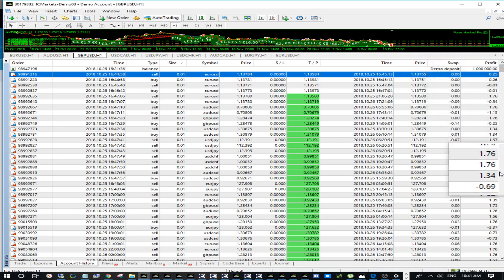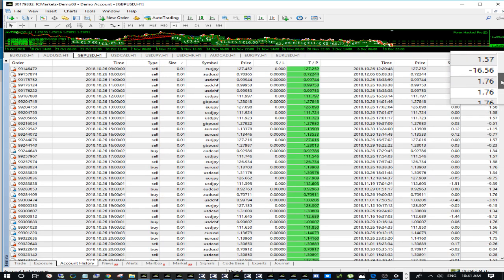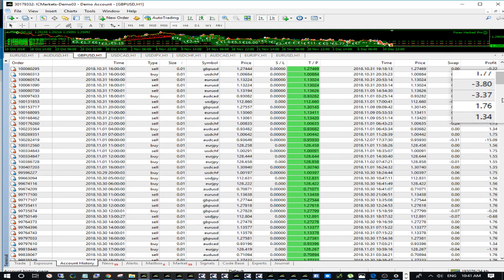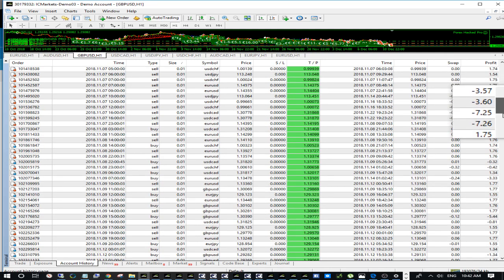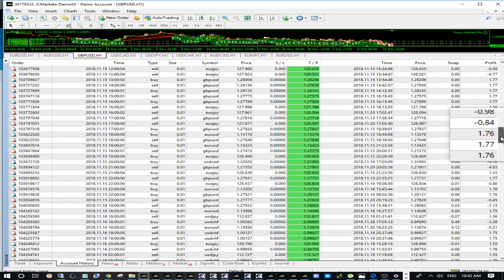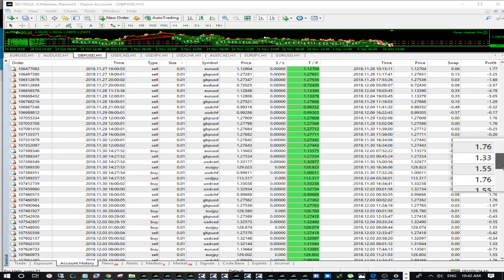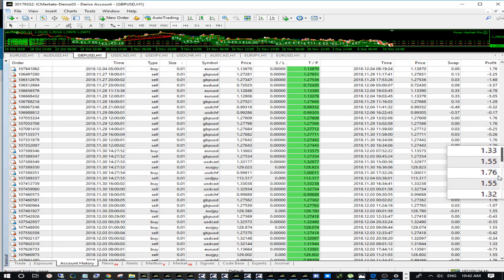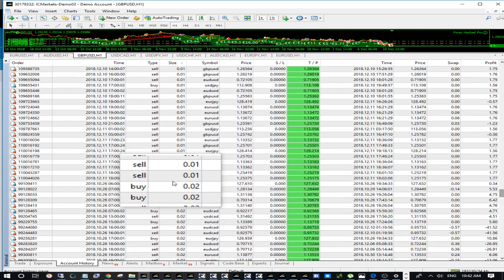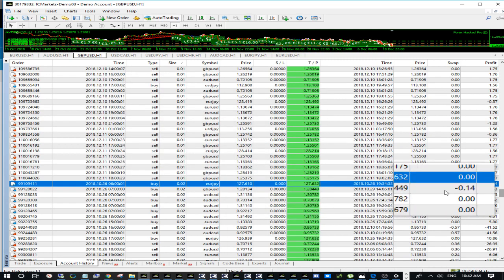As I scroll down, you can see that most of these contracts are actually a 0.01. You can see that more than half of the trades are actually 0.01, so that's pretty cool, right?